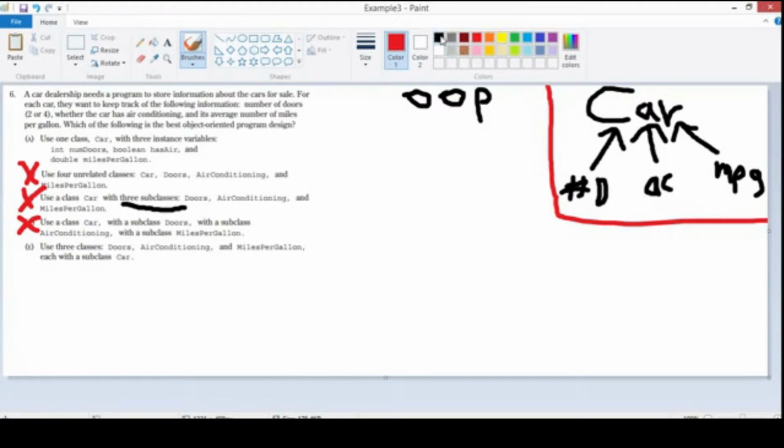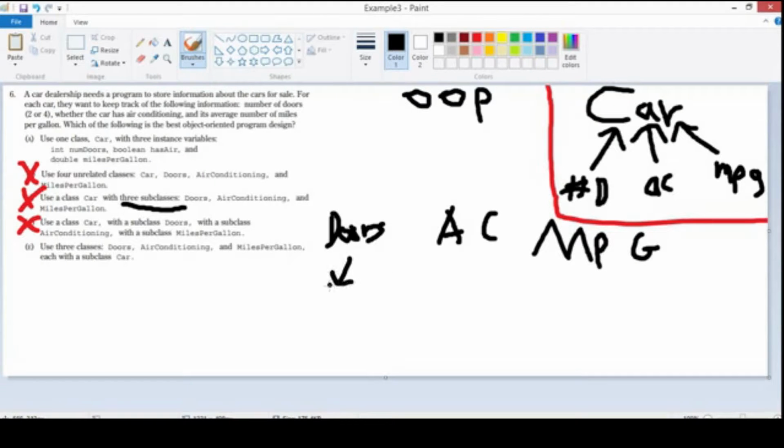Okay, lastly, we have this one. Use 3 classes: doors, AC, and miles per gallon, each with a subclass car. So I'm going to go ahead and read this one out, because, in a way, it's actually slightly more sensible.